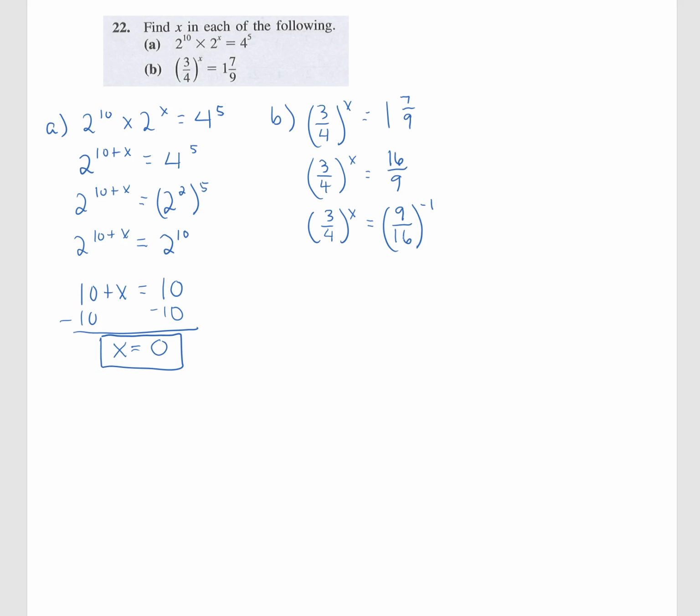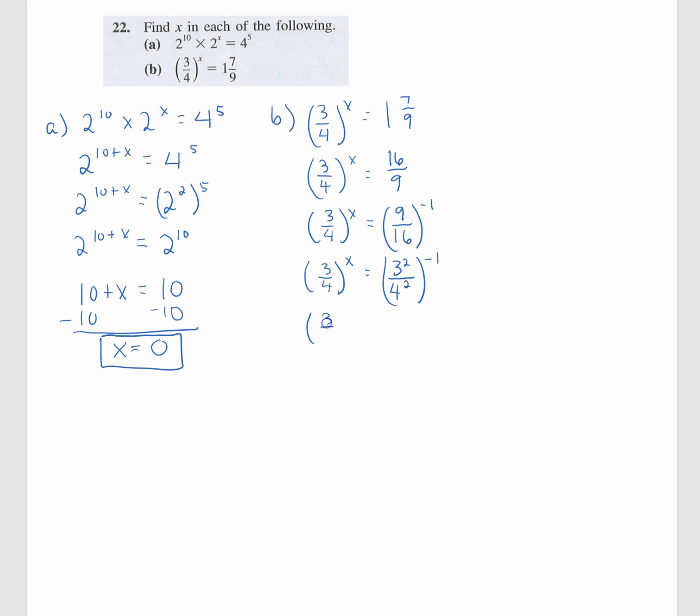Okay, so that's a good start. Now, like we said, we can express 9 with a base of 3 as 3 to the power of 2, and 16 with a base of 4 as 4 to the power of 2. And this is still all to the power of -1.